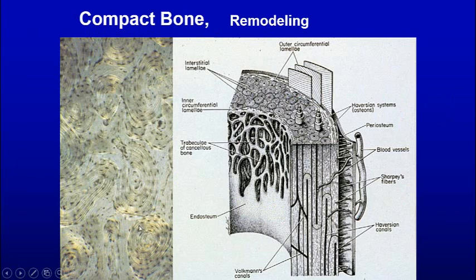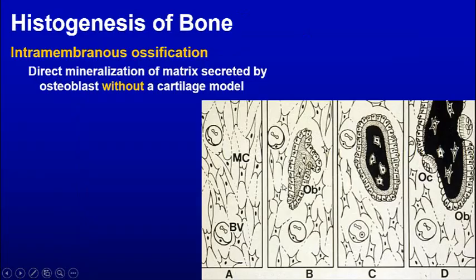Each one of these is an osteon or Haversian system with a Haversian canal, osteocytes in through there, periosteum, endosteum on the inside. And there is intramembranous ossification, that is, without a cartilage core. Intramembranous, we call that.